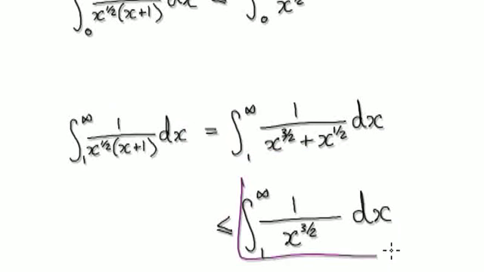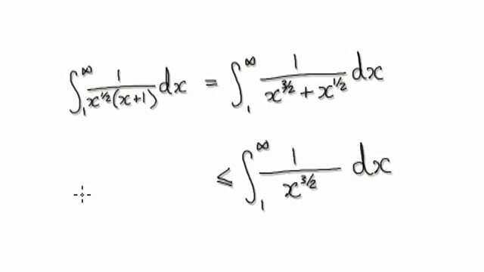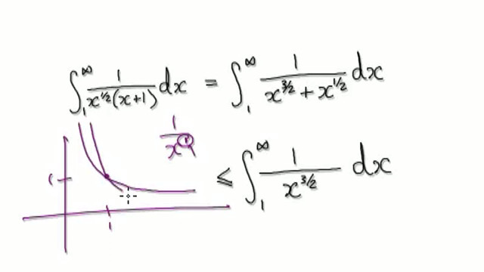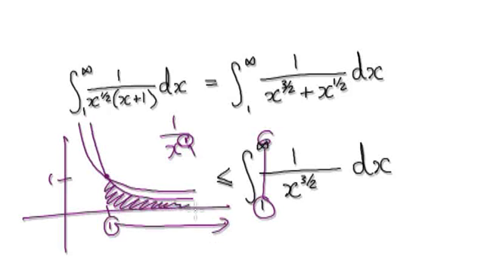And then when you get to this stage here, you should visualize this diagram in your mind. 1 over x. So this is 1, 1. If you have a power that's bigger than 1, it's going to look something like this. So in the region from 1 to infinity, this thing here is going to converge.